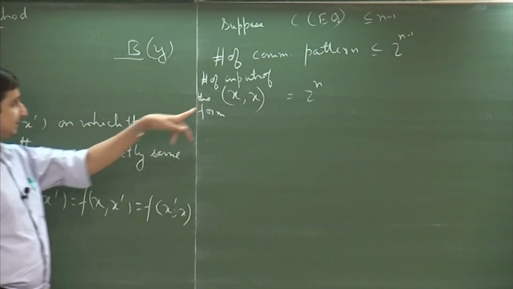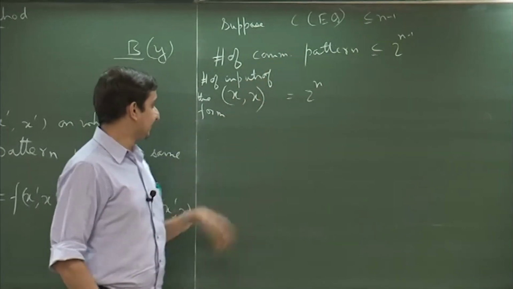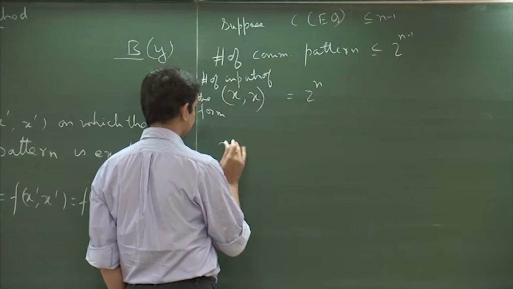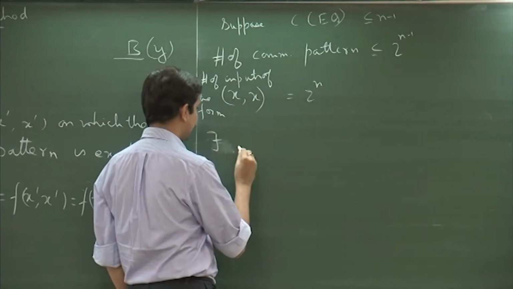So, therefore, from these two statements what we have is that there must exist a distinct x and x prime as you claimed.